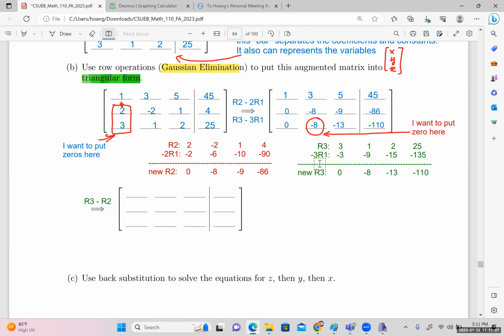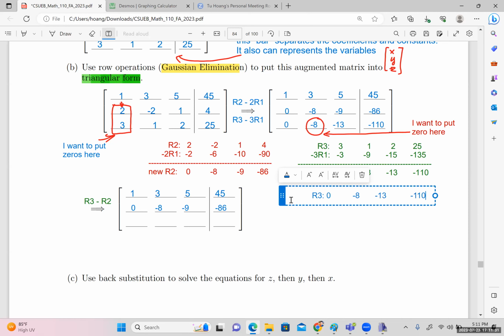Down here. Okay, so we'll just copy down the first row. Okay, second row, copy down. Third row, I'm going to do row 3 now.